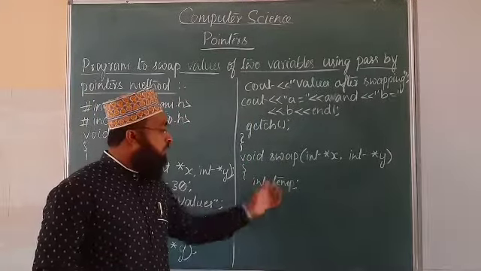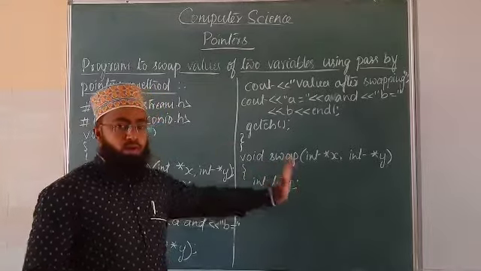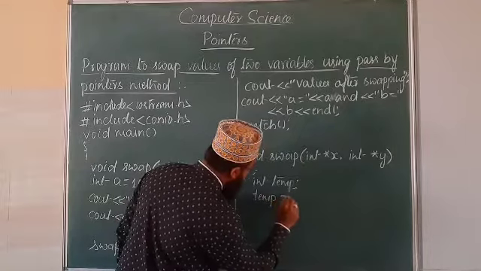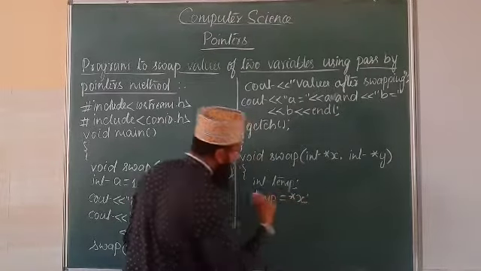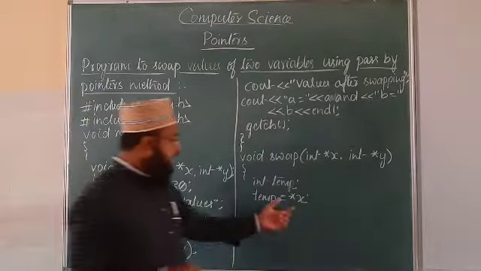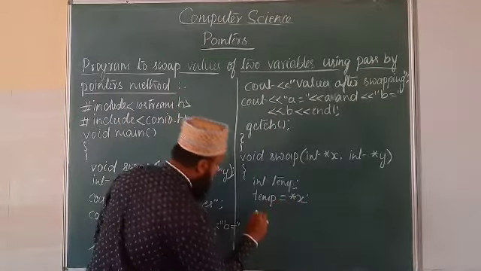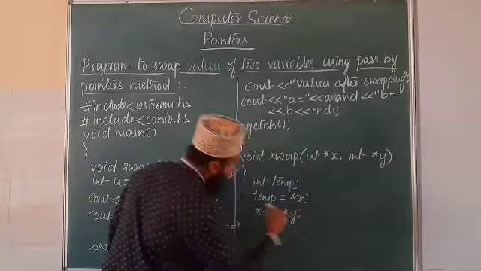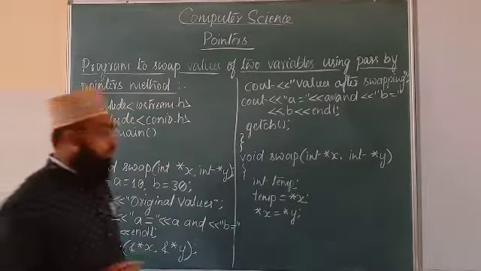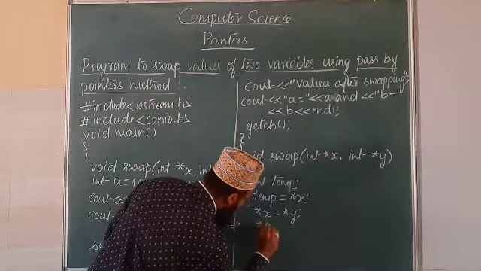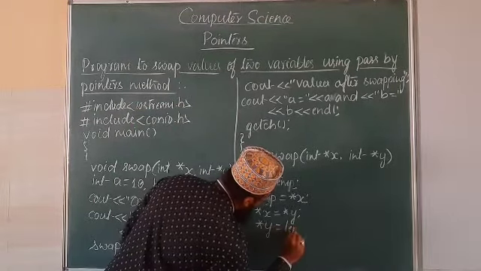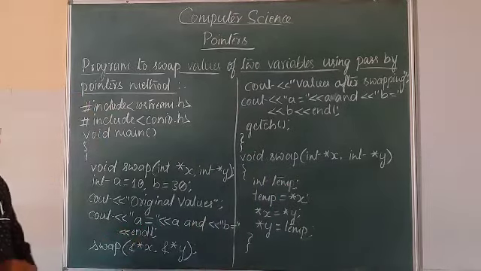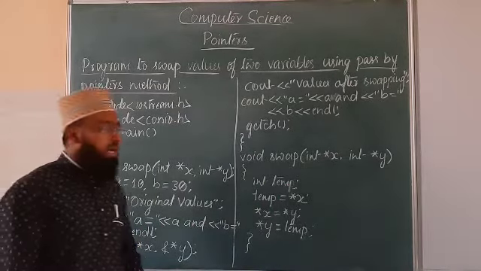Now assign the value of pointer x to temp. Temp is equal to pointer x. Then assign the value of pointer y to pointer x. Pointer x is equal to pointer y. And now assign temp to pointer y. Pointer y is equal to temp. If we follow this procedure, then the values are swapped.